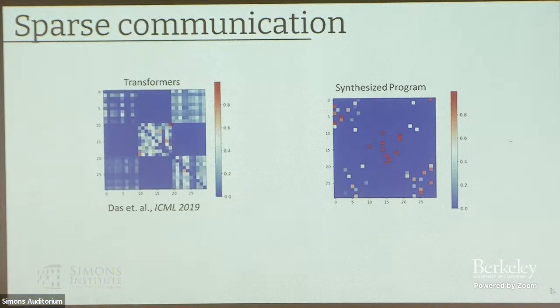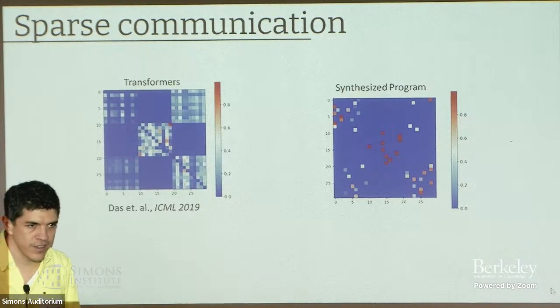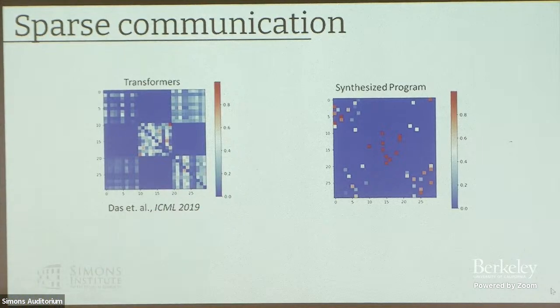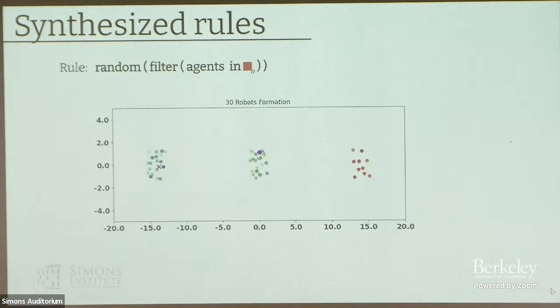In some ways, both the neural network and the program that we synthesize are programs, but we have a lot of control over the structure of the new programs that we're distilling, which allows us to get this property that we didn't have before.